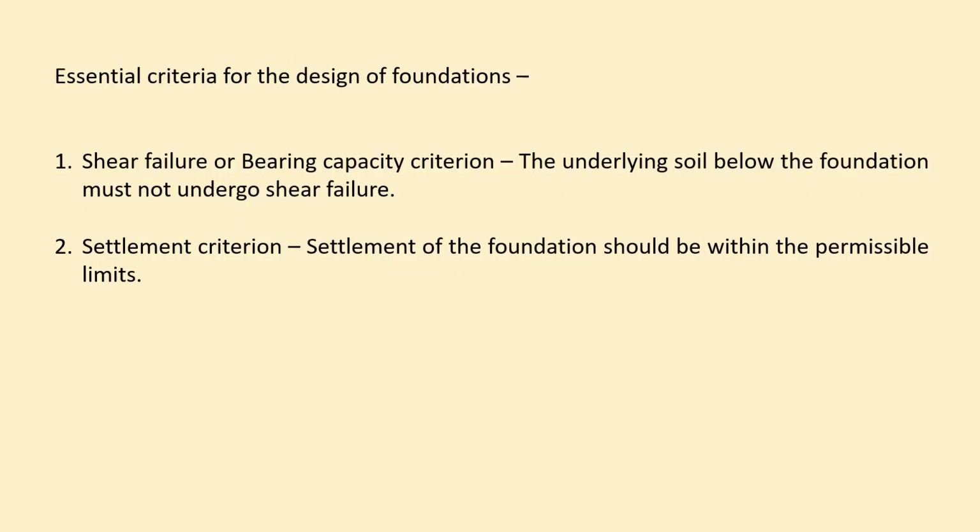The main two criteria for designing shallow foundations are the shear failure criterion and the settlement criterion. Basically, it means the load that is coming from the superstructure, from the building, should not cause any shear failure in the soil layer.